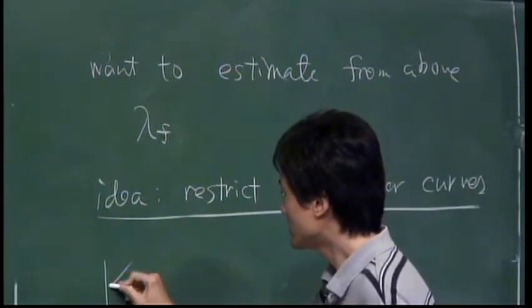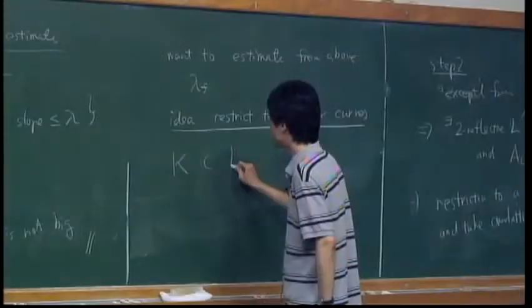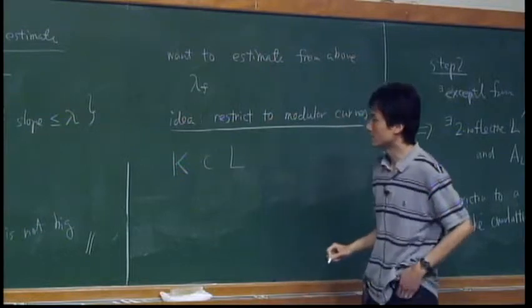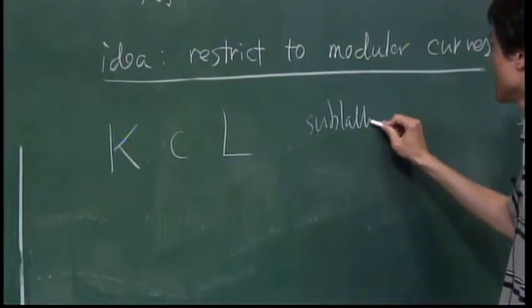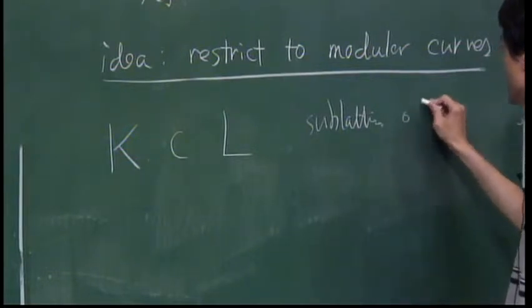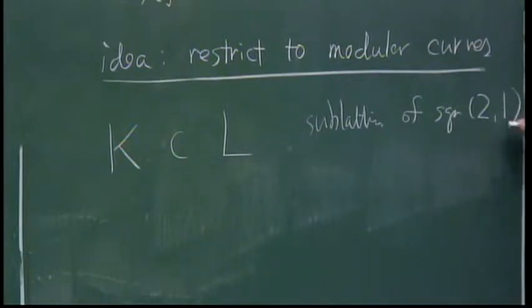So let K be an arbitrary sublattice of the given lattice of signature (2,1).